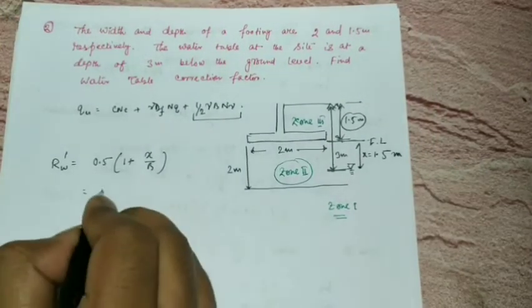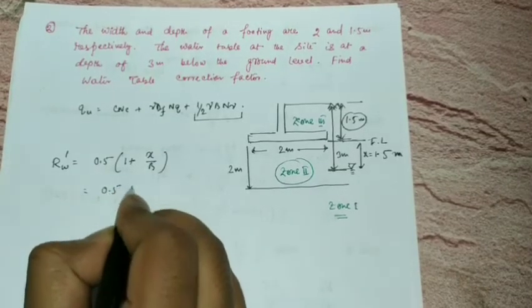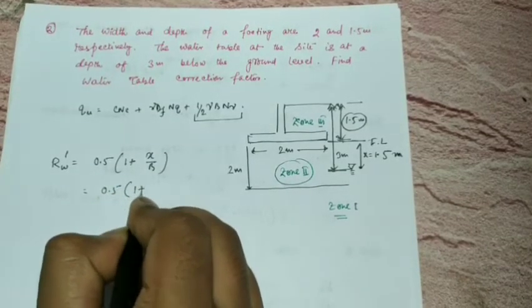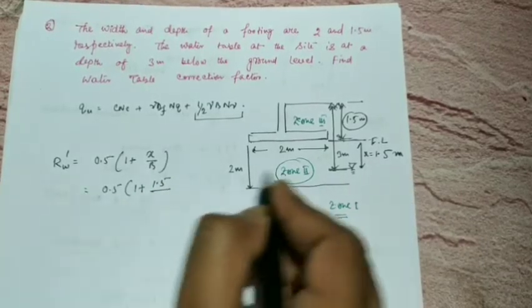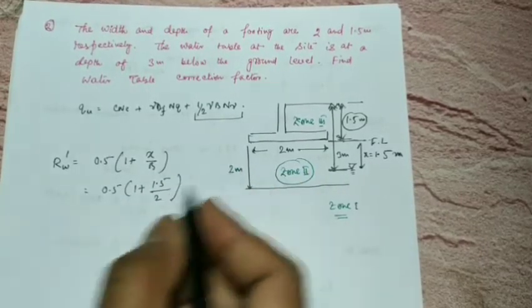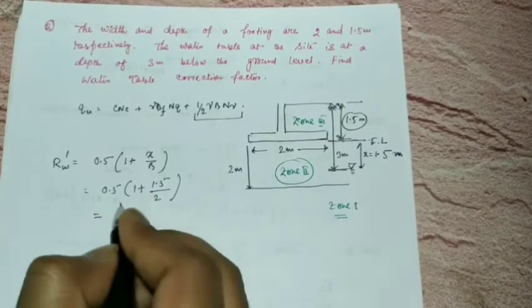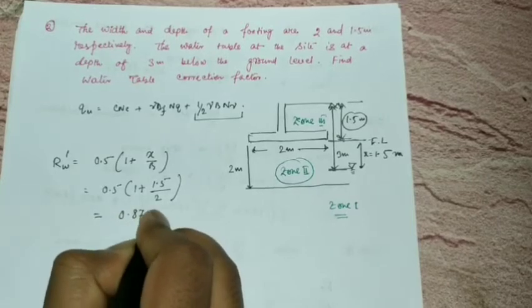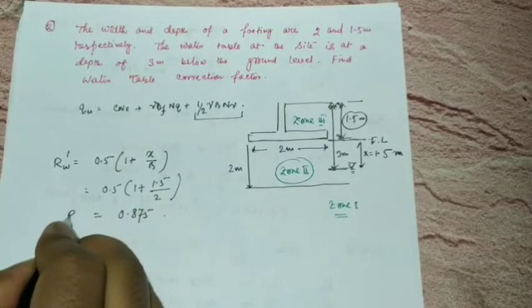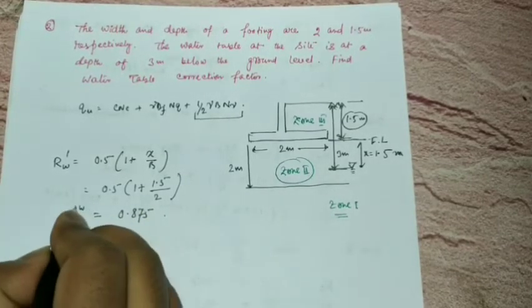Now 0.5 times (1 plus x value 1.5 by value of B which is 2). After calculating it will be 0.875. So this is the water table correction factor.